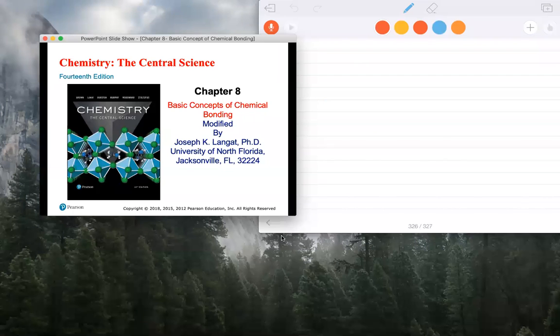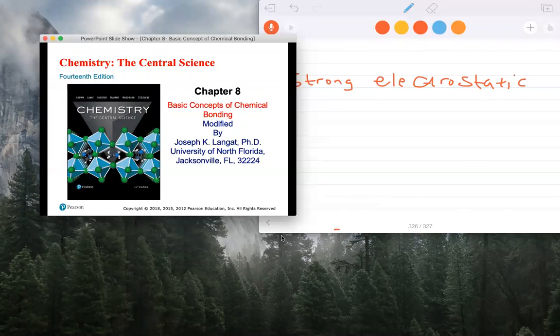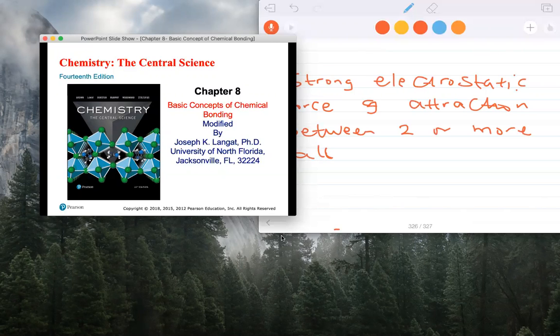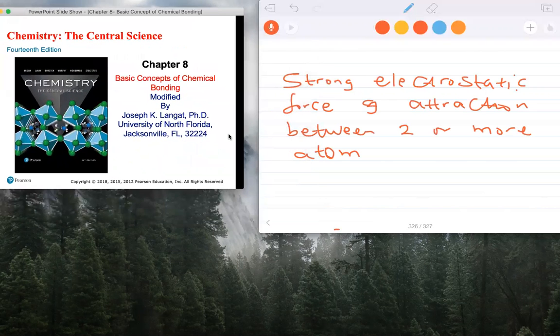Chemical bond is defined as strong electrostatic force. This is force of attraction between two or more atoms.